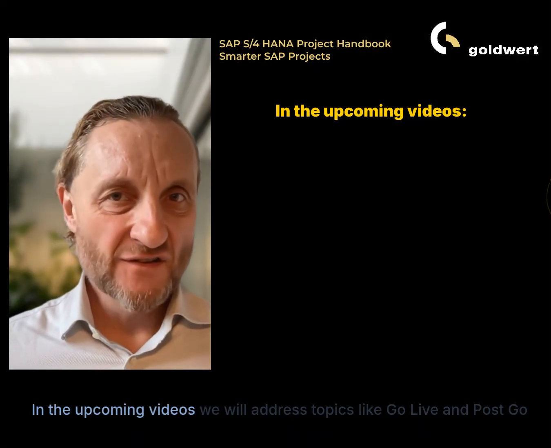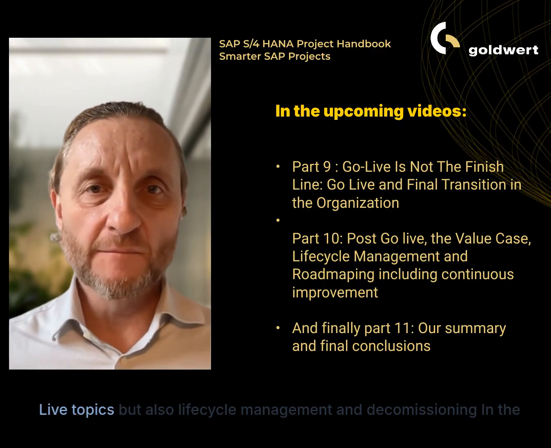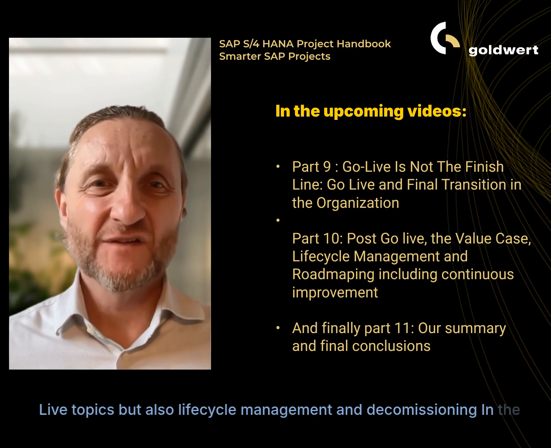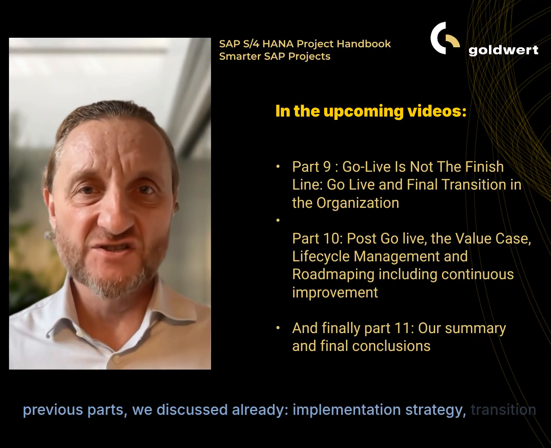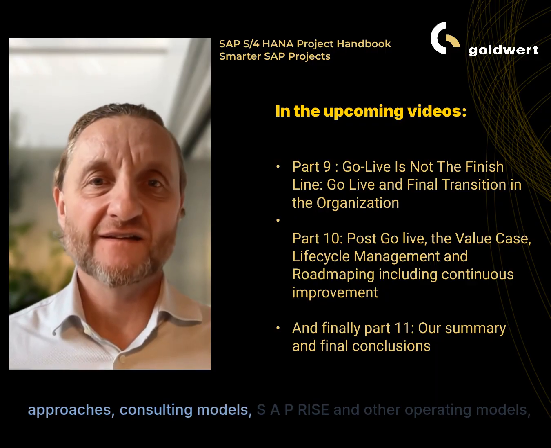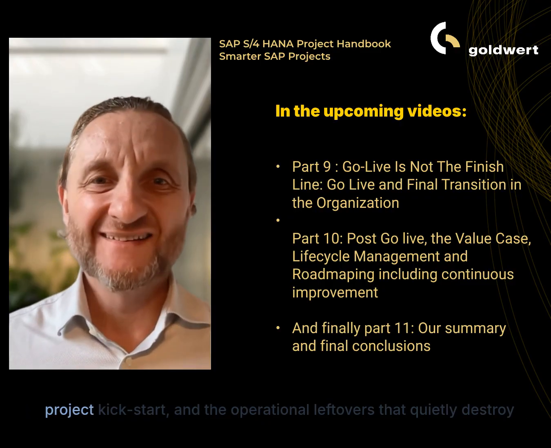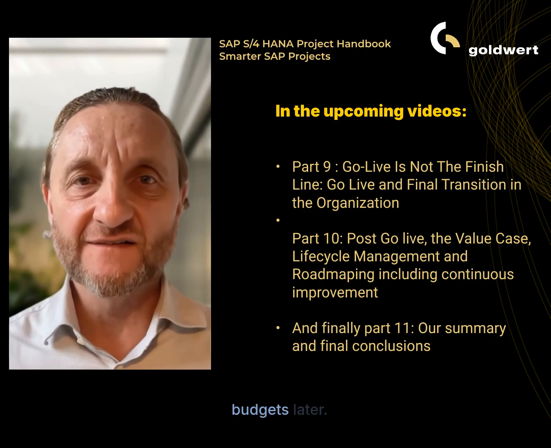In the upcoming videos, we will address topics like go-live and post-go-live topics, but also lifecycle management and decommissioning. In the previous parts, we discussed already implementation strategy, transition approaches, consulting models, SAP RISE and other operating models, project kickstart, and the operational leftovers that quietly destroy budgets later.